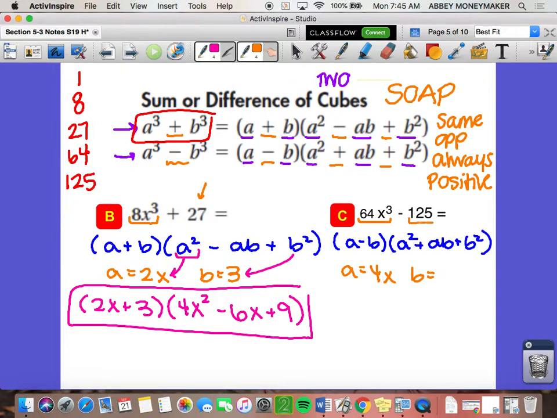B would be the cube root of 125, which is 5. So here I go, plugging in. I would have 4x minus 5 times a squared, that would give me 16x squared plus 20x plus 25. 25 came from the 5 squared.